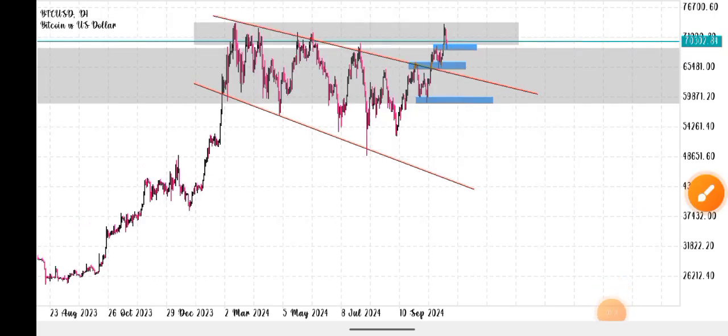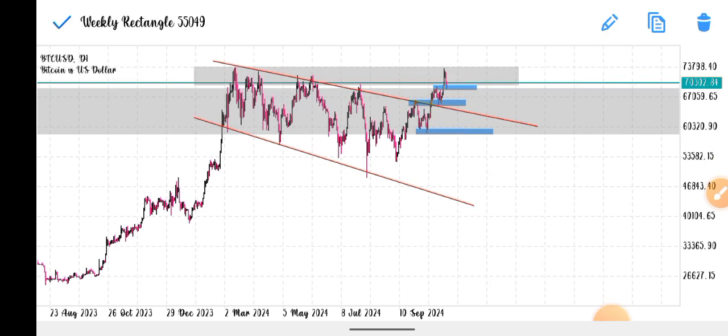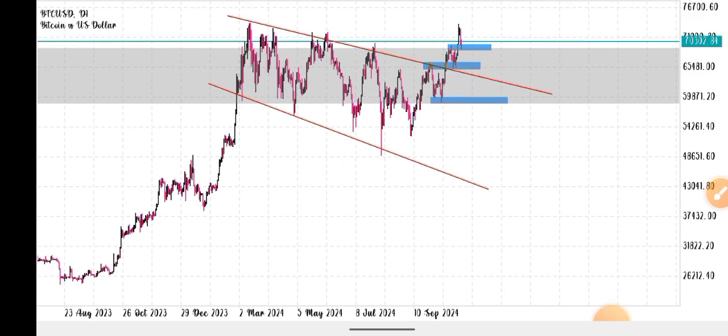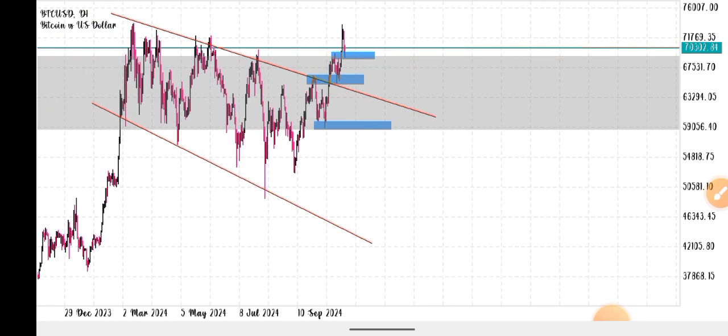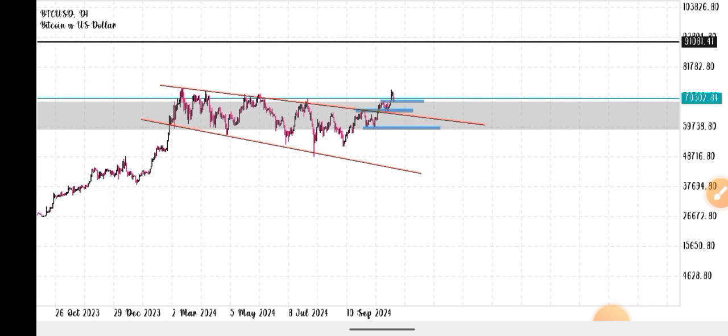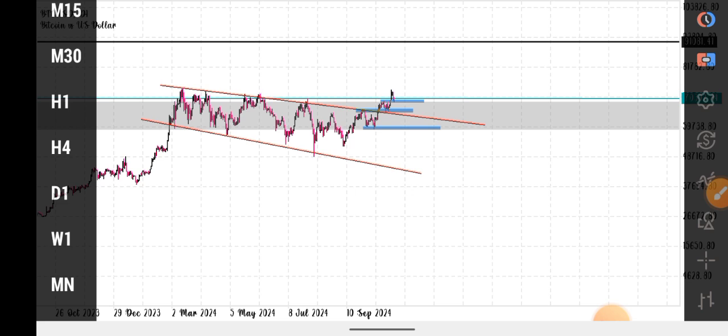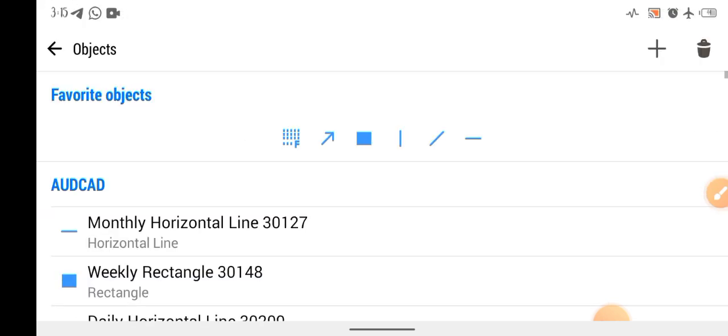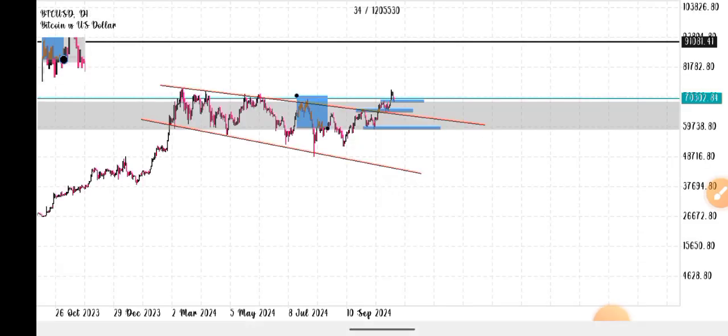So guys, I'm going to be removing this weekly resistance zone so that we can have a clearer view, right? Yeah. So it told us that BTC was going to go to 91,000, but then it's going to go to half of that distance first.